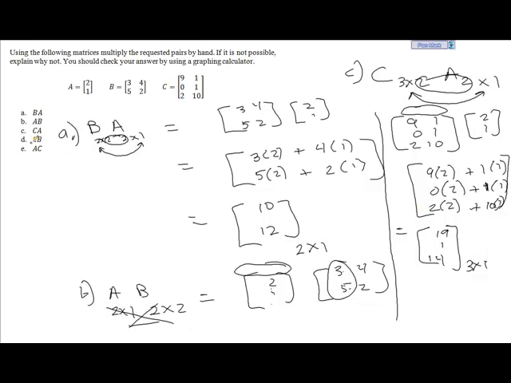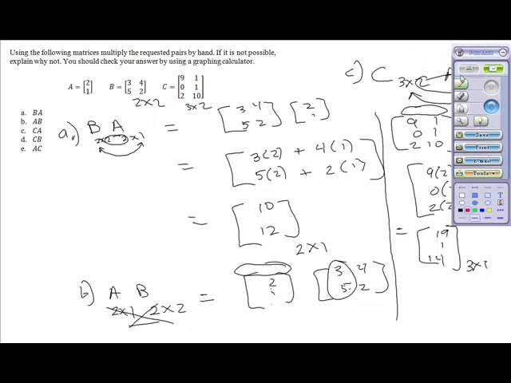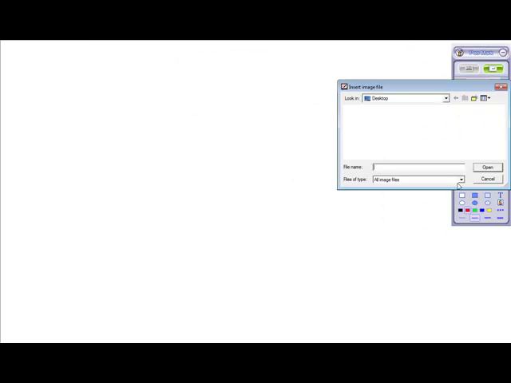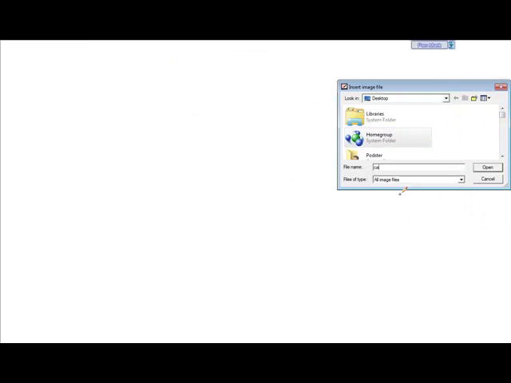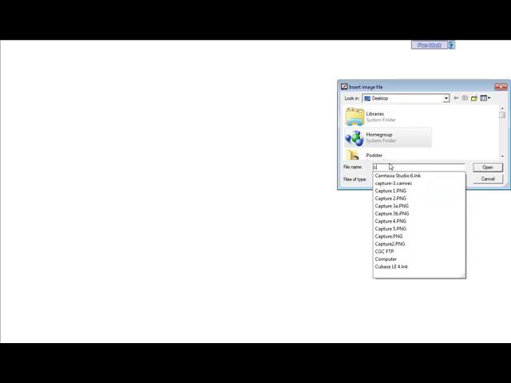Next we want to do C times B. C times B is going to work out because we have a 3 by 2 and a 2 by 2, and we're multiplying them in the reverse order. I'm just going to come down here and write this out one more time so we can see it.